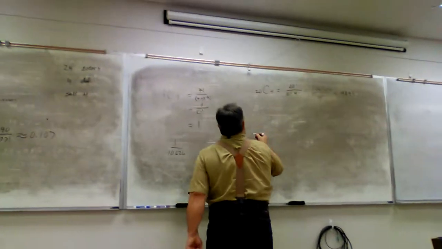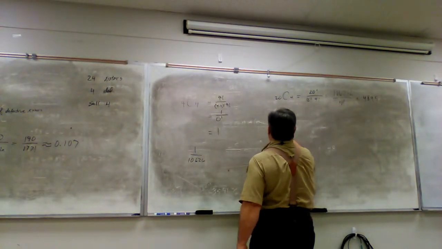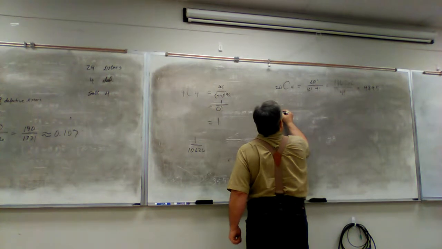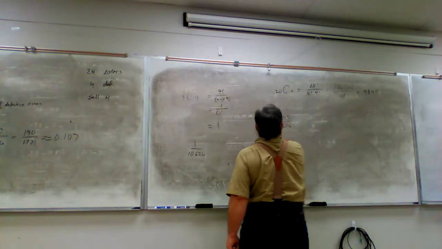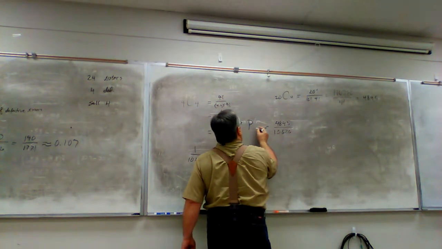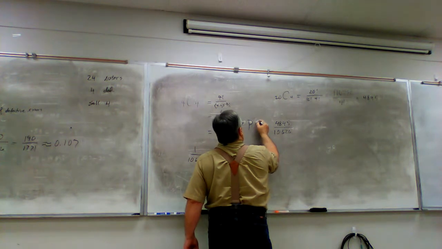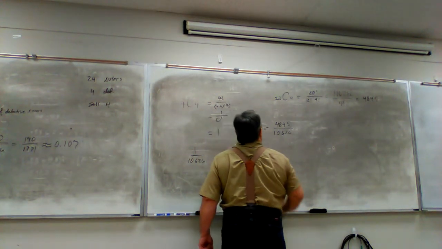So the probability of no defective transistors is then 4845 divided by 10,626. That is the probability of 0 defective transistors.